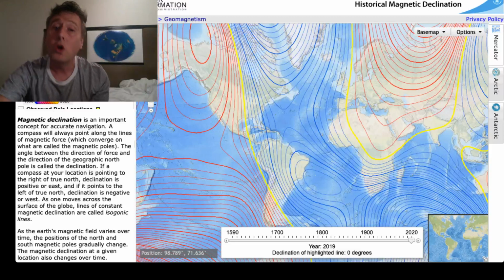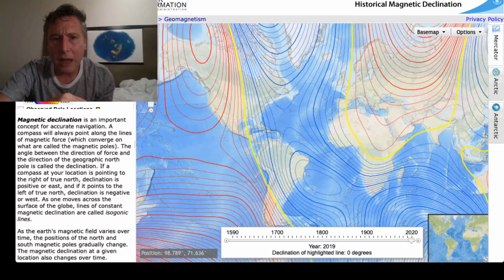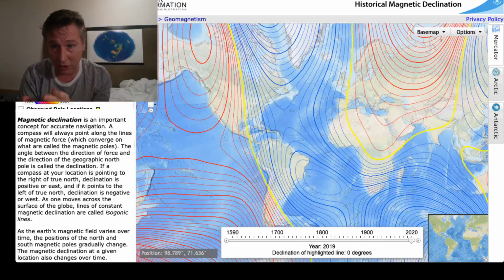Now, you might be misled into thinking, doesn't that mean that I would just go straight up? If the compass says straight ahead is north, if I just went straight ahead, would I not then automatically go north? Well, no. Why not?